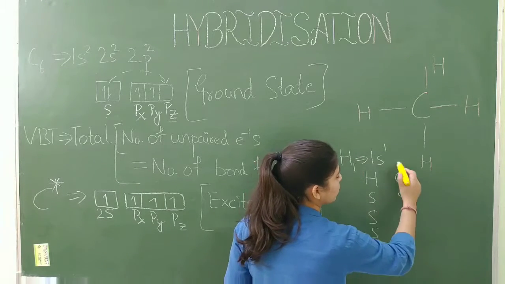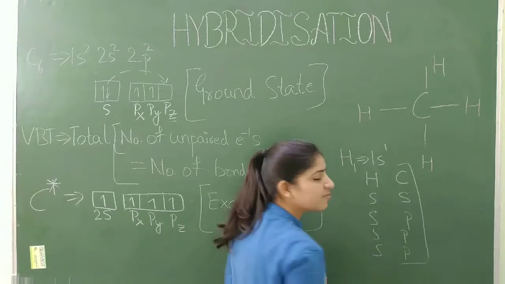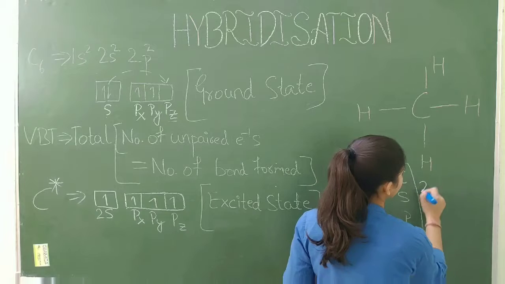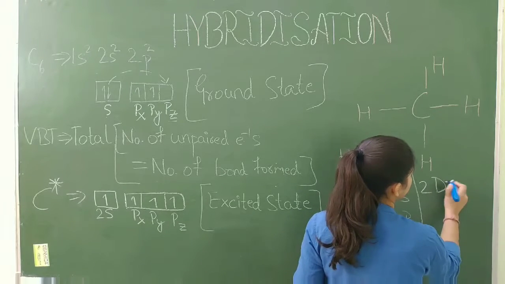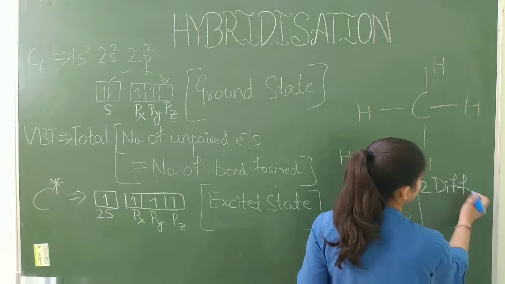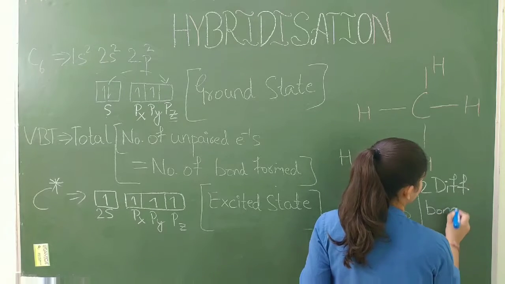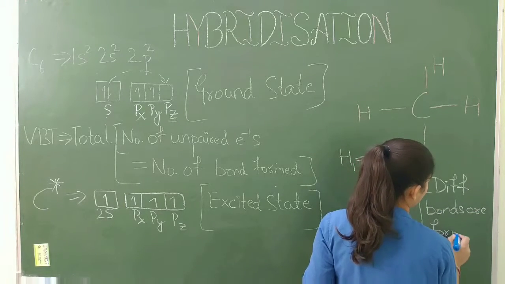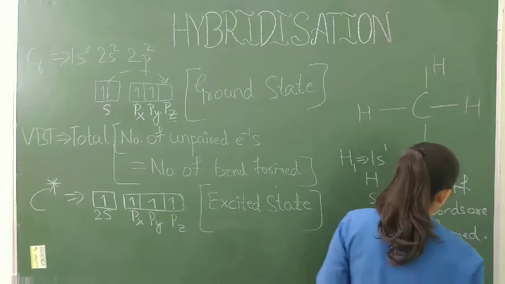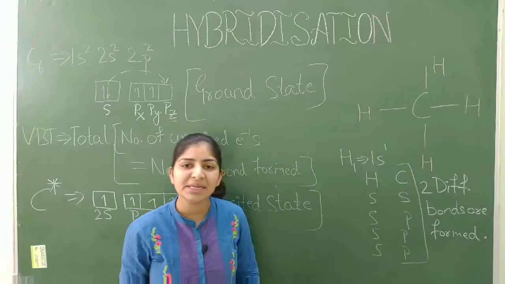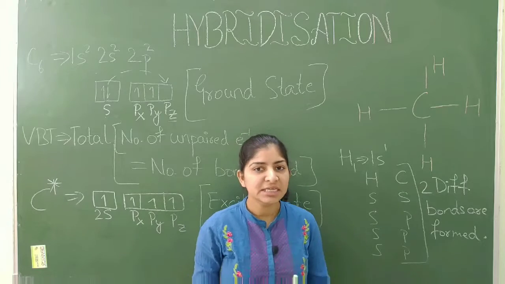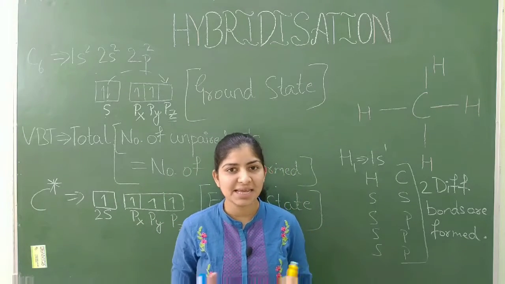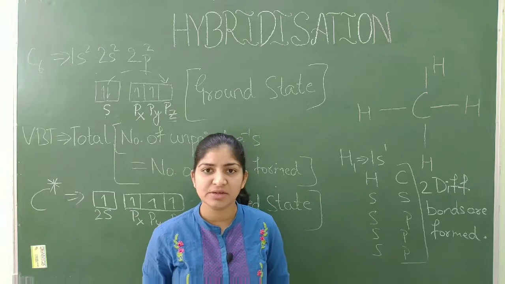So 2 different types of bonds are formed. But experimentally it was seen that all four carbon-hydrogen bonds are exactly identical to each other.